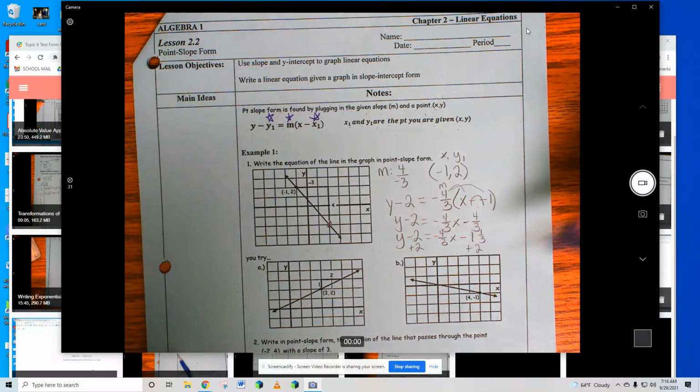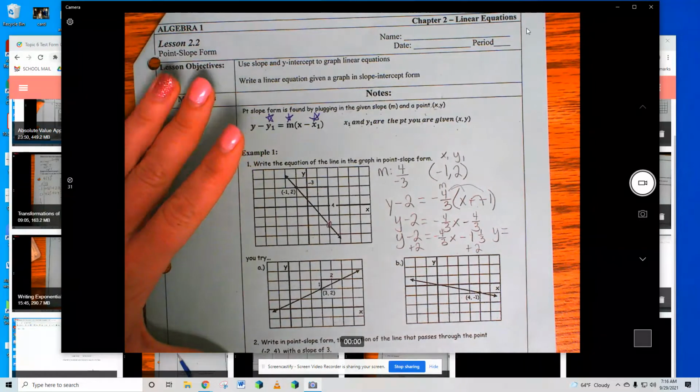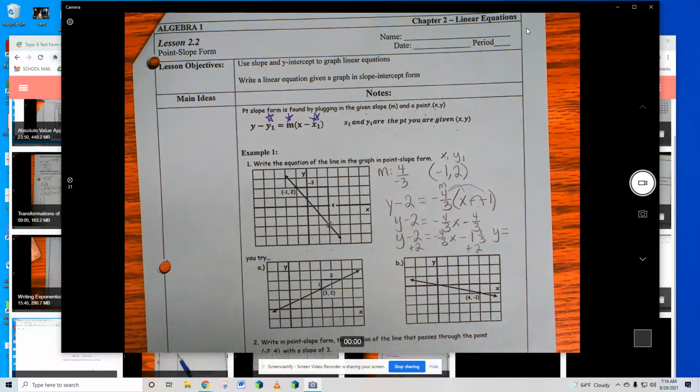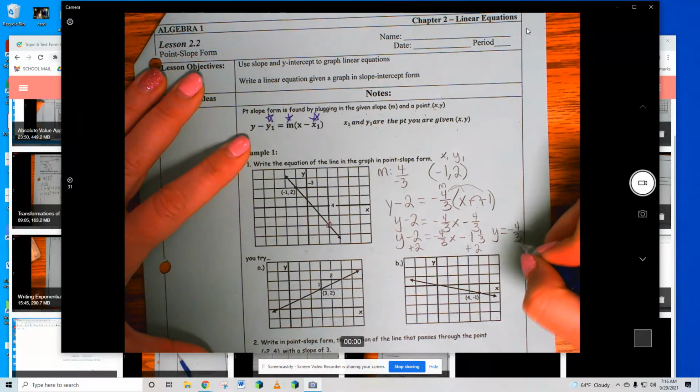But then I add $2. What do I have? I know this is hard. -1 and 1/3 plus 2. It's not 1 and 1/3. It's 2/3. So, -4/3 x plus 2/3.